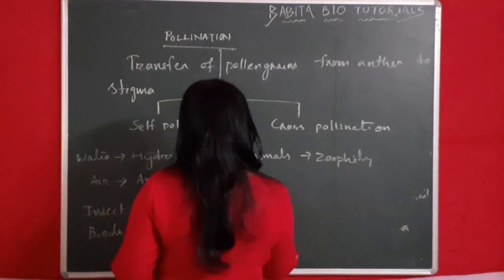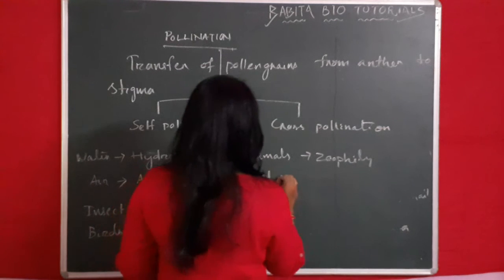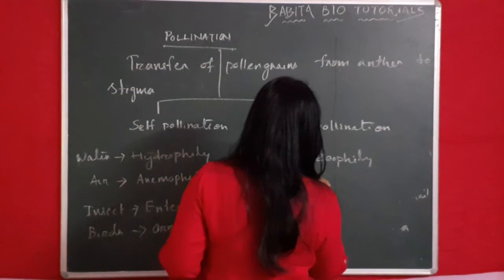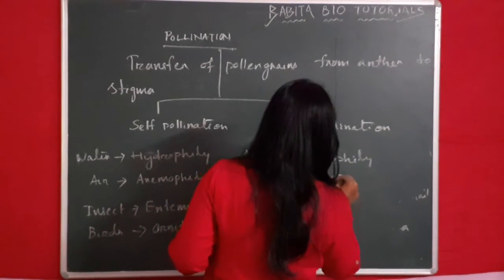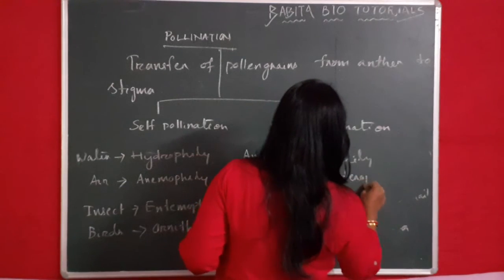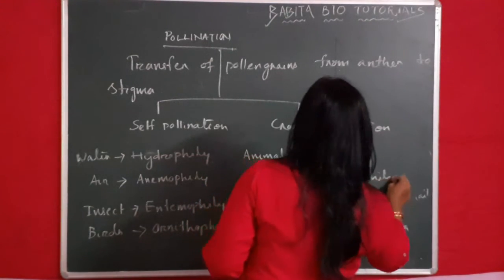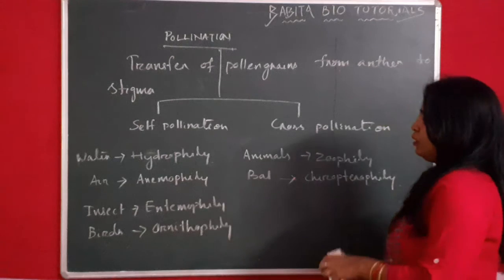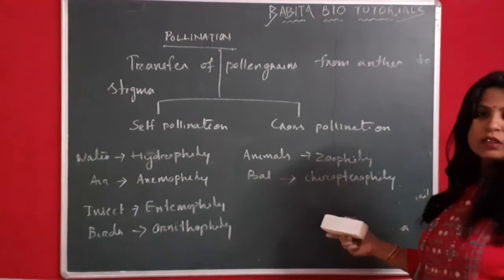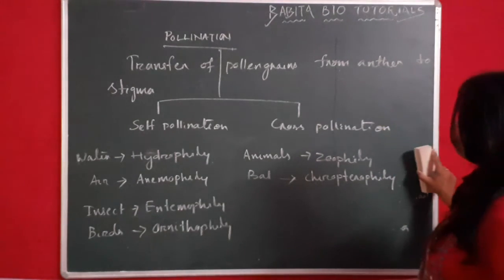When pollination is through bats, that is known as chiropterophily. These are some of the agents in case of cross-pollinated flowers.